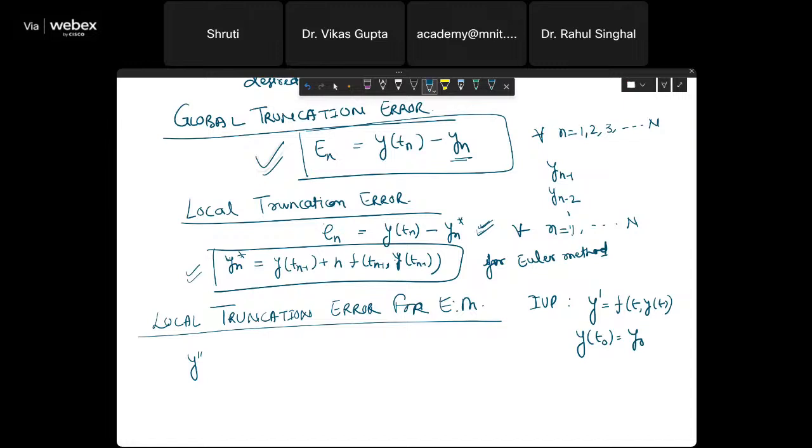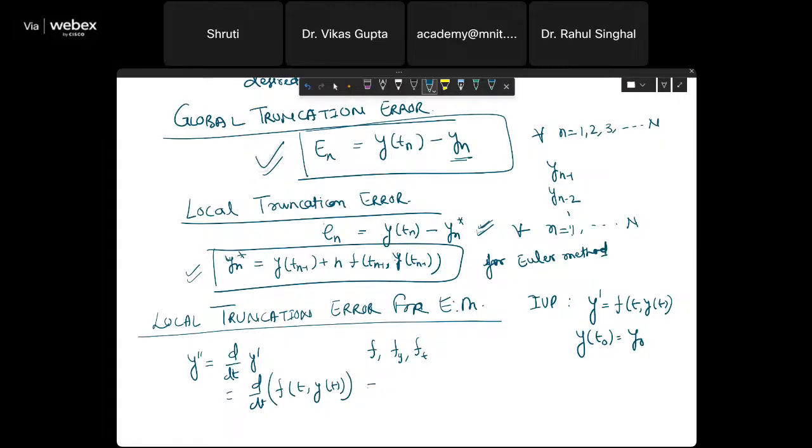In this regard you may note that continuity of y double dash is equivalent to saying that f sub y and f sub t are continuous functions. Why? Because by the chain rule you can write the second order derivative of y as d by dt of the first order derivative y dash, which is nothing but the total derivative of the function f with respect to t.